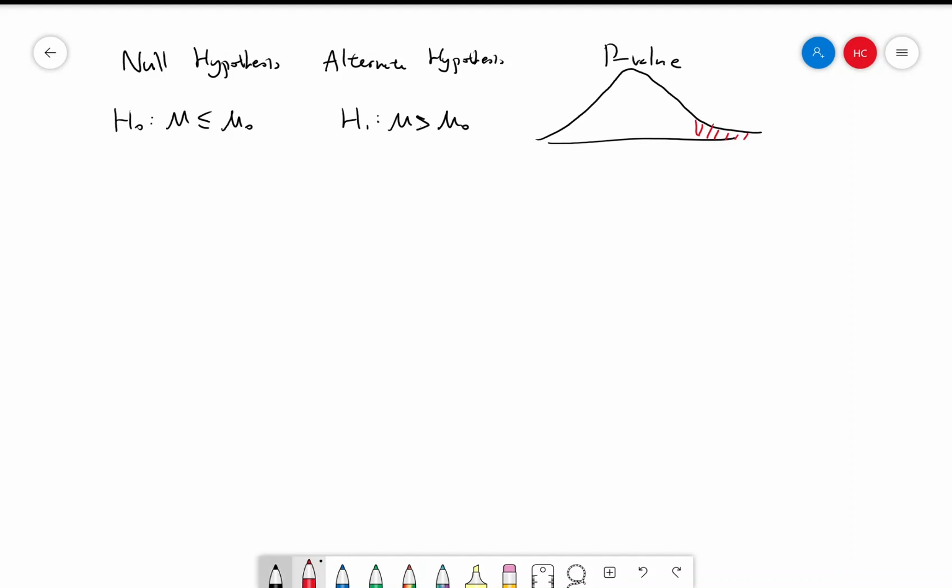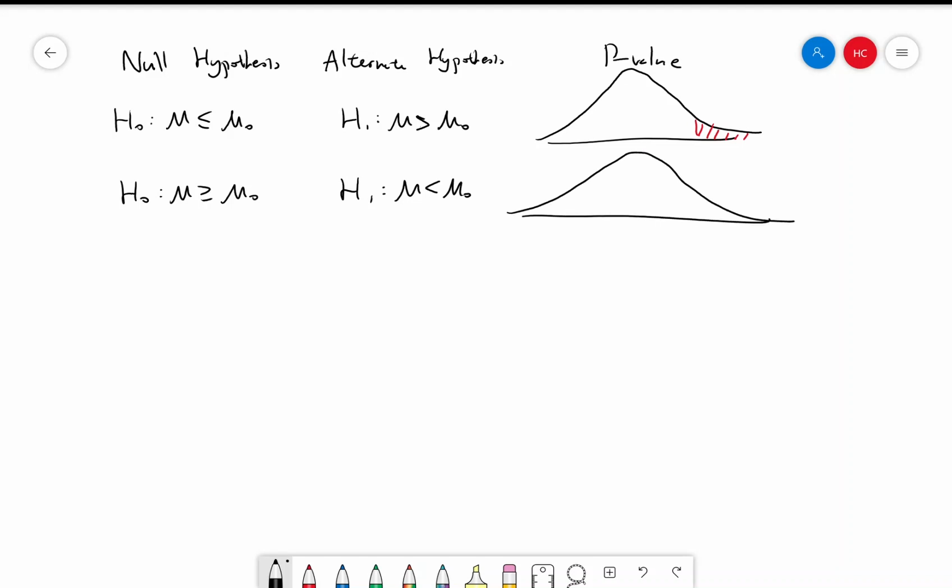And we can have the opposite, so the null hypothesis being mu greater than or equal to mu naught, and the alternate hypothesis being mu less than mu naught. In that case, the p-value is the area of the left tail. So these two are one-sided tests.